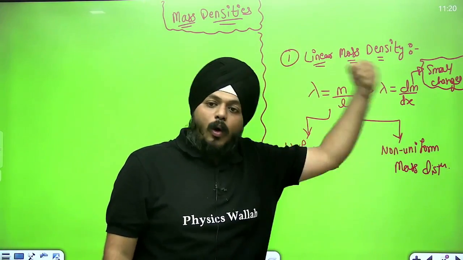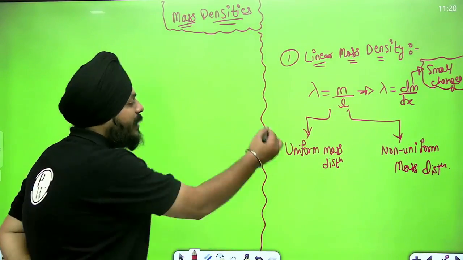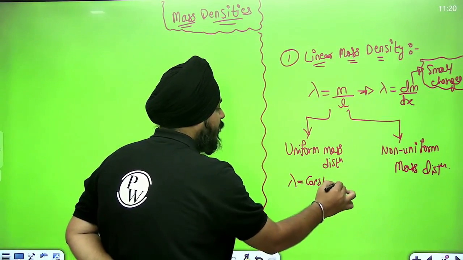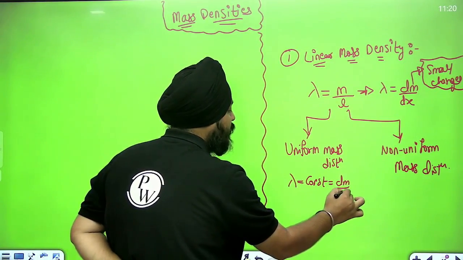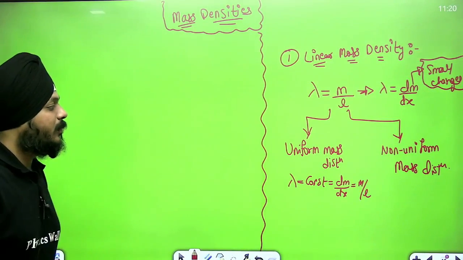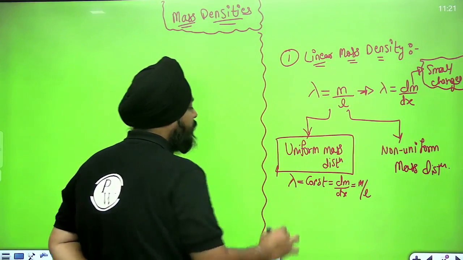This exists in all linear densities. Uniform mass distribution means lambda is constant, equal to dm by dx, or equal to mass per unit length. What does uniform mass distribution mean?